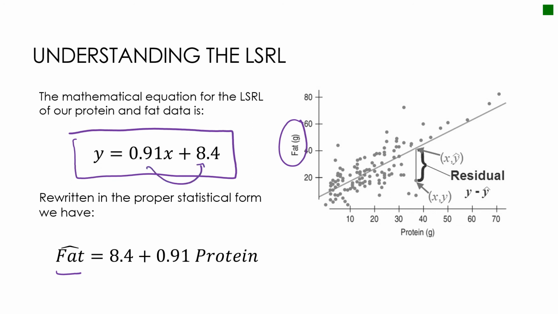Then I would switch the order of these two, so I'm going to put 8.4 first, 9.1 second, and instead of x, I'm going to write the x variable name, which is protein. You can certainly put protein in grams and fat in grams if you want to be super specific, but I used fat and protein because those were the two variable names.